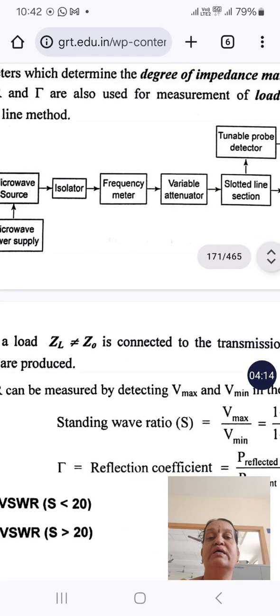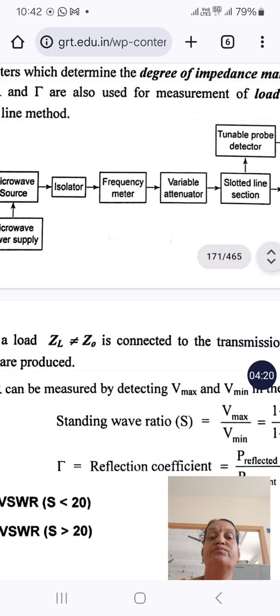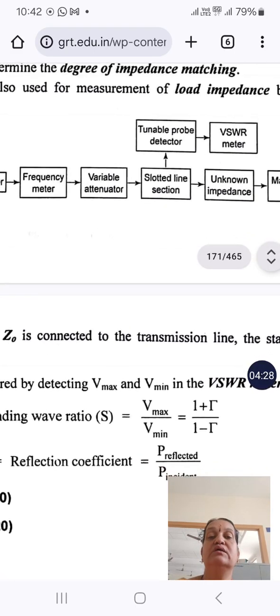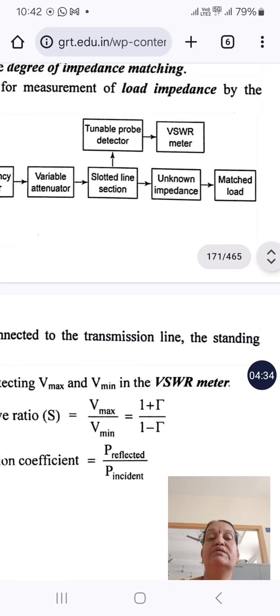The second one is the isolator, to isolate the signal from external signals so that it goes on to the next stages. We have the frequency meter for measuring the frequencies, a variable attenuator whose attenuation can be varied, and a slotted line.